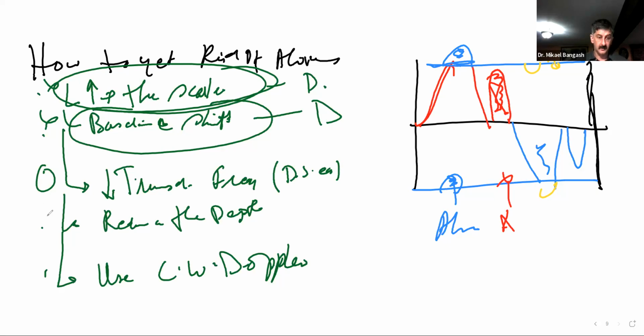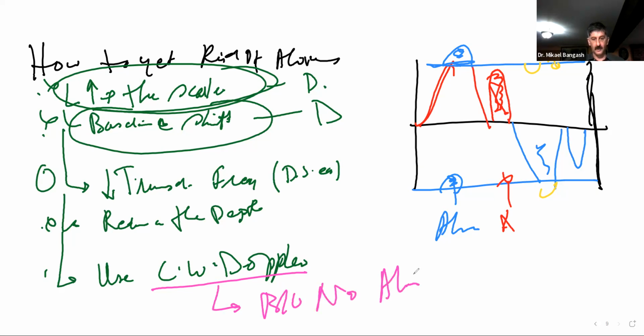If that doesn't do it, scan at a shallower depth. And if none of these steps get rid of aliasing, then the last step is to use a continuous wave Doppler, because that is free from aliasing. Why? Because aliasing was only seen in pulse wave Doppler.